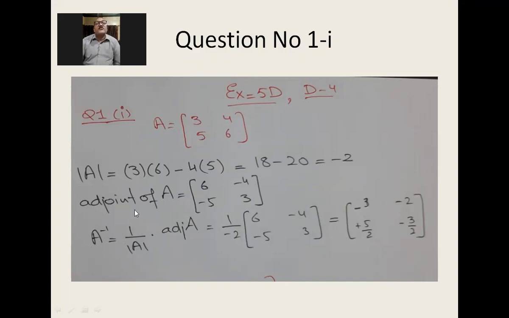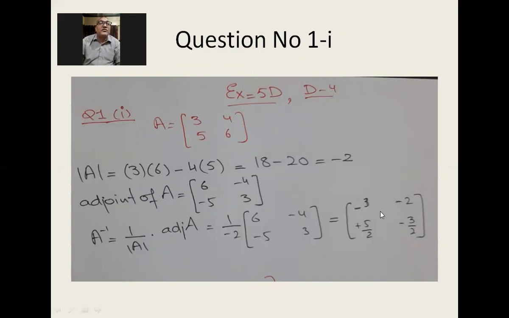So A inverse is equal to 1 by the determinant of A, into the adjoint of A. So it will be 1 divided by minus 2, into the adjoint, that's 6, minus 4, minus 5, 3. So this minus 1 by 2 is multiplied with every member of this matrix. Minus 1 by 2 multiplied by 6 is minus 3.